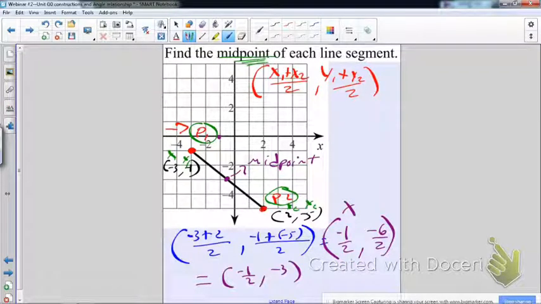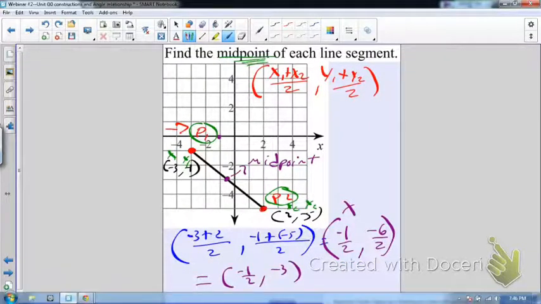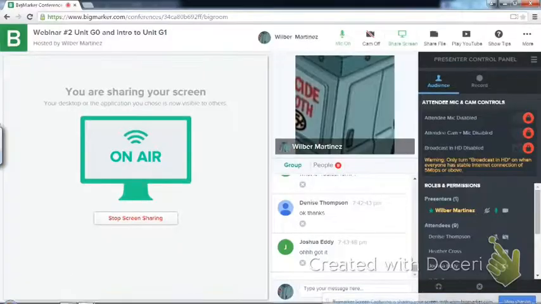Okay? Any questions with this one? I'm going to ask you again, are there any questions with this problem? It's super easy once you understand where the points come from and how to substitute them into the equation. So, one last time, are there any other questions with this? May I move on? Yes, wait, okay.